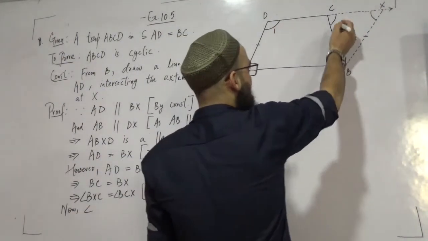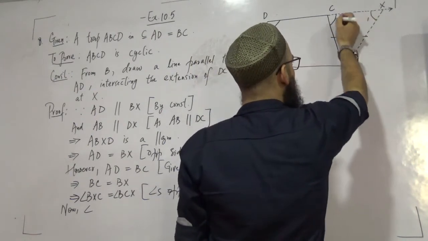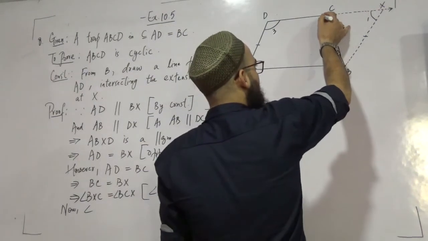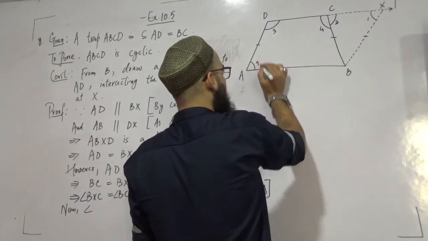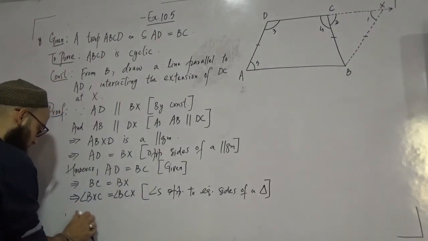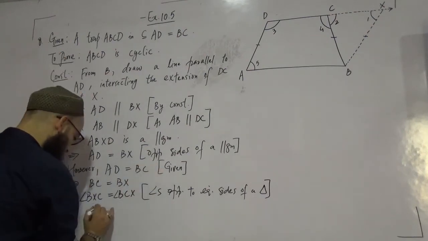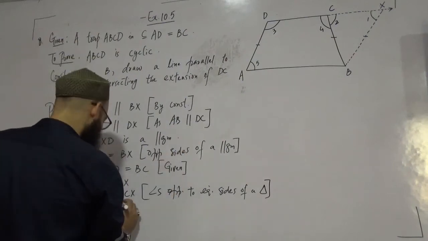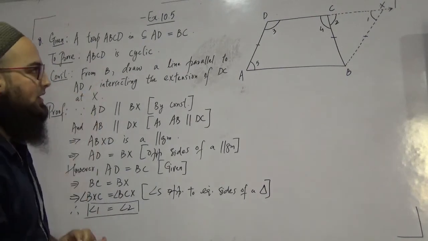Name this angle 1, this angle 2, this angle 3, this angle 4 and this angle 5. Now here, BXC is angle 1. Therefore, angle 1 is equal to BCX, that's angle 2. Angle 1 is equal to angle 2.